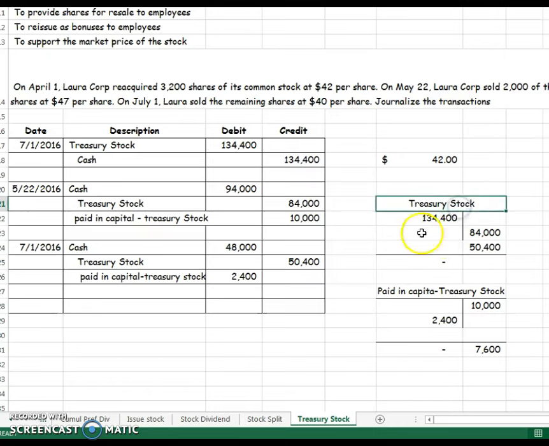Treasury stock is subtracted out in stockholders' equity. Your paid-in capital would be listed right underneath your paid-in capital in excess of par, and it would add to your paid-in capital account. So a lot of tricky test questions like to say, is this a gain? No, it's not a gain. It's just additional paid-in capital that you got from buying and selling your own company's treasury stock. So let me know if you have any questions.